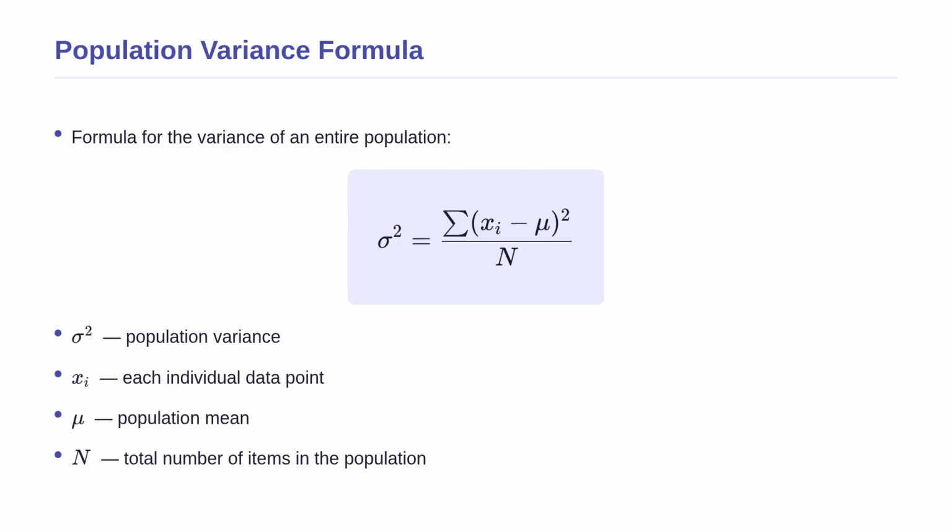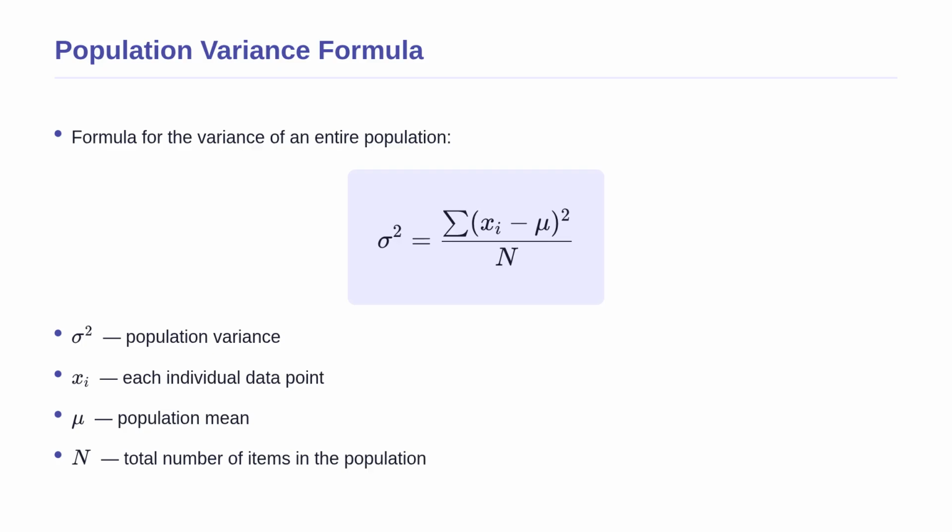Now that we know the difference between populations and samples, let us first look at the formula for the variance of an entire population. Conceptually, this formula calculates the exact average of all squared deviations from the center. The symbol sigma squared represents the population variance. The Greek letter sigma tells us to add up a series of values.